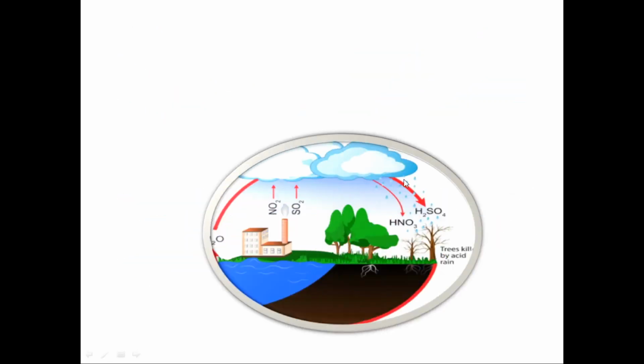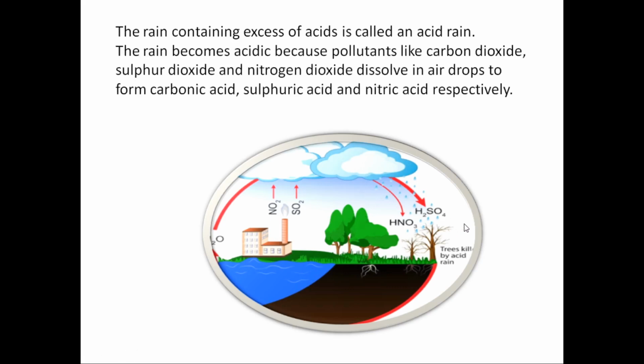Next we'll go. This is about acid rain. So what is acid rain? When the rain contains excess of acid, that is called acid rain. Humans are creating so much pollution from industry and so many things.